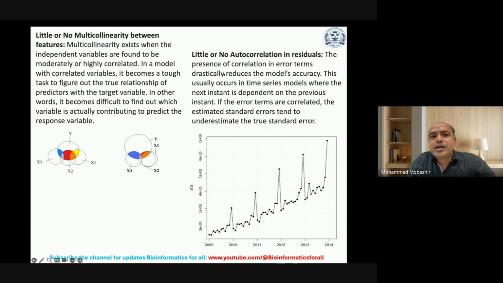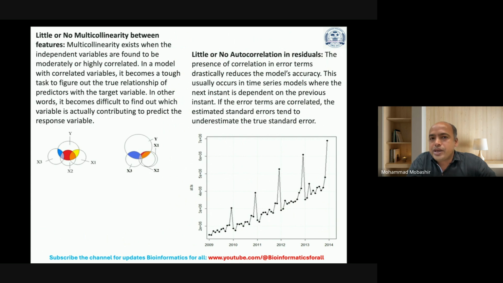So multicollinearity, collinearity, exists when the independent variables are found to be moderately or highly correlated. In a model with correlated variables, it becomes a tough task to figure out the true relationship of the predictors with the target variable. In other words, it becomes difficult to find out which variable is actually contributing to predicting the response variable.